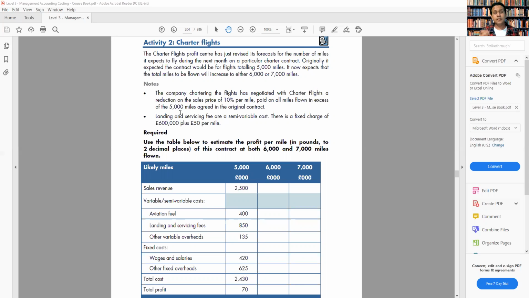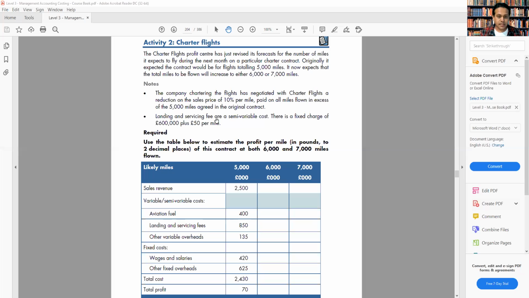Let's say one flight price is 500 pounds, and if it is more than 5,000, only for the miles above 5,000 will they get a 10% discount. Remember, it's not the whole 5,000. If they fly 5,001 miles, only for the 1 mile will they get the 10% discount. It's the excess of the 5,000.